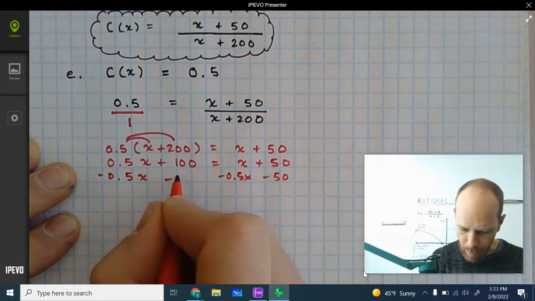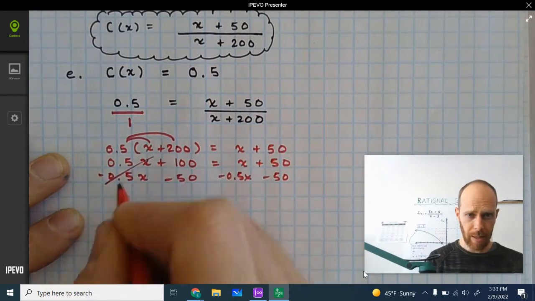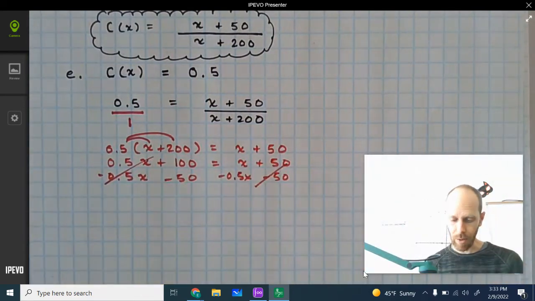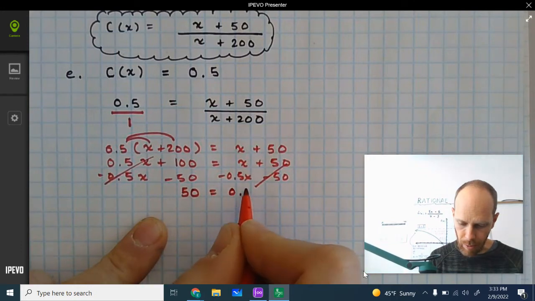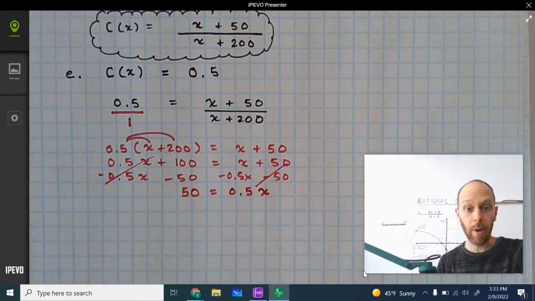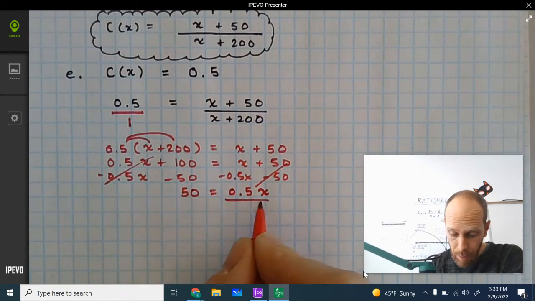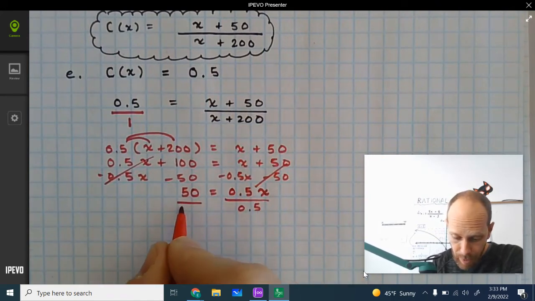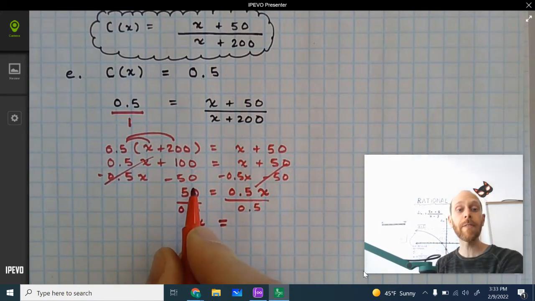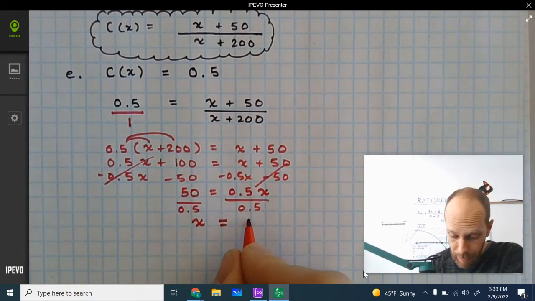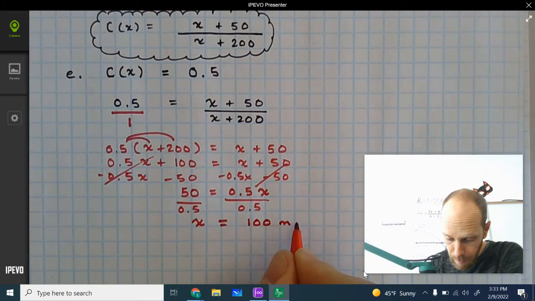Subtract 50 from both sides of the equation. These cancel. These cancel. We're left with 50 milliliters is equal to half of the number of milliliters we need. If we divide by 0.5 on both sides, we get that x should be equal to 50 divided by 0.5, which is 100 milliliters.